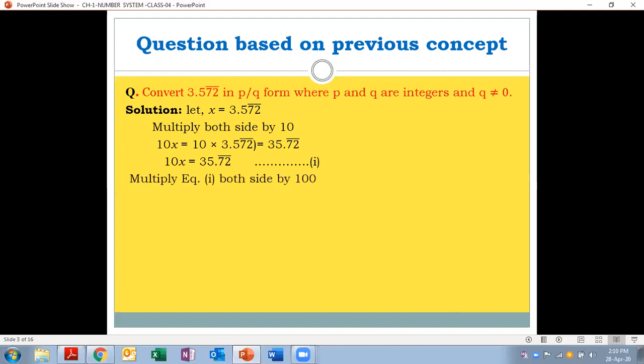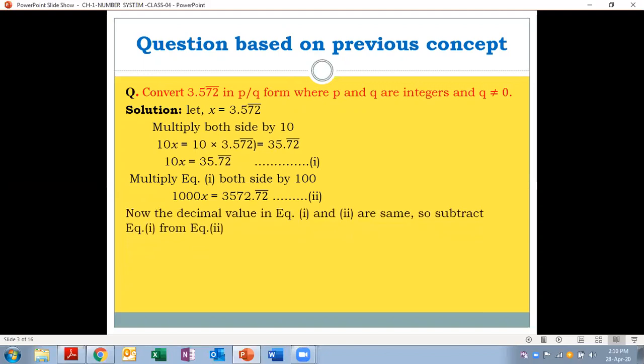Again, we need to multiply both sides by 100 in equation 1, and it becomes 1000x is equal to 3572.72 bar. Next, what we need to do, we have to subtract equation 1 from equation 2, and we have the subtraction 1000x minus 10x is equal to 990x, and then we have on the right side here 3537.